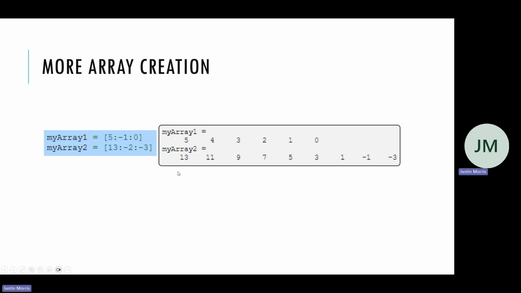But if we put 14 to -3 with the step size of -2, does it make the next element or no? Or does it give an error? 14 to -3.